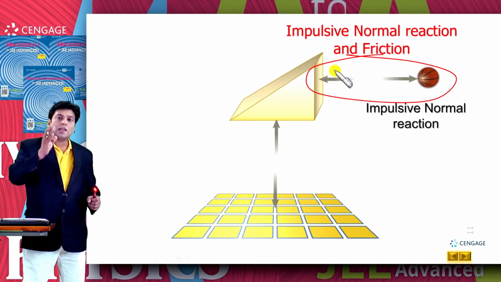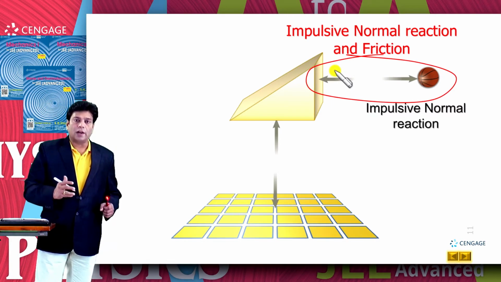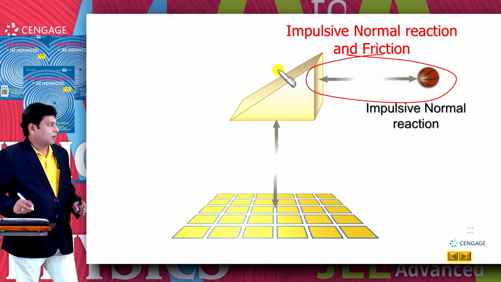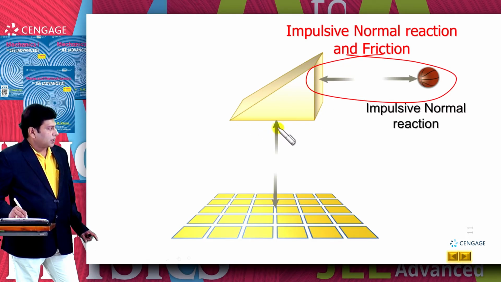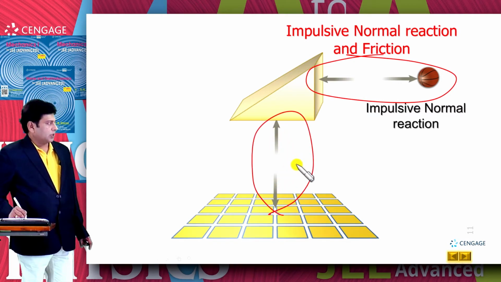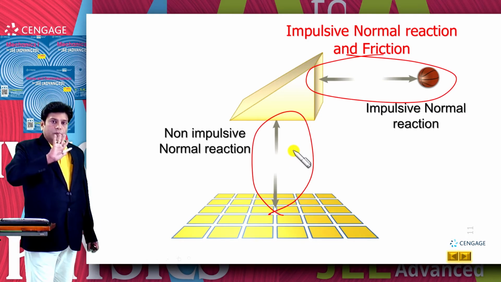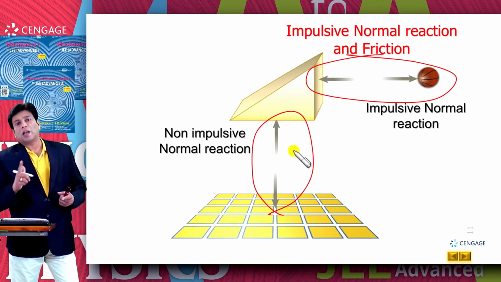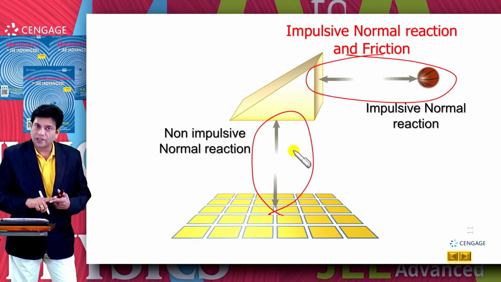We cannot have any component of the horizontal force in the vertical direction. That means the normal reaction applied by the ground on the wedge should be finite and equal to the weight of the wedge. So this normal reaction is non-impulsive. And as we know, there is sliding friction, and sliding friction is equal to mu multiplied by the normal reaction between the two surfaces.